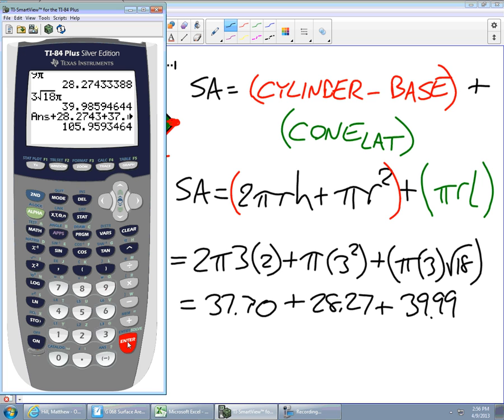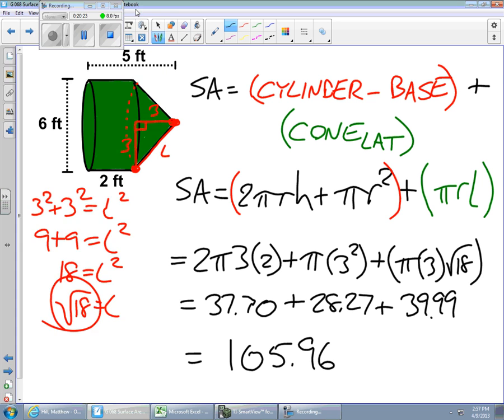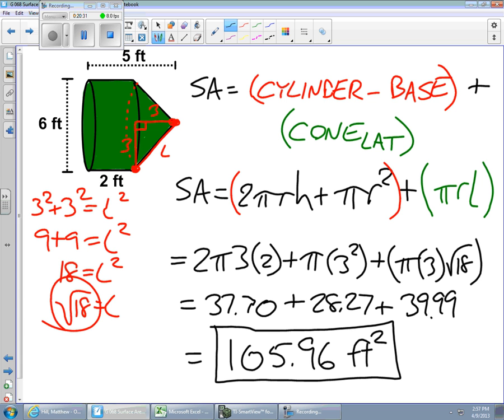And it appears that we have a surface area of 105.96. 105.96 what? Square feet. There it is. Okay, we're getting the basic idea here.